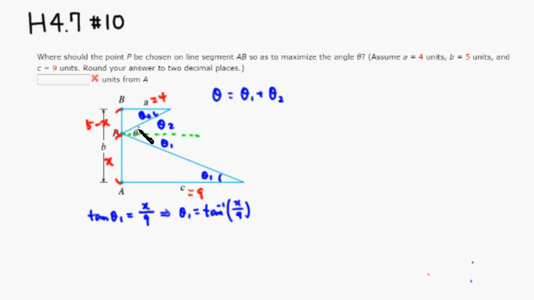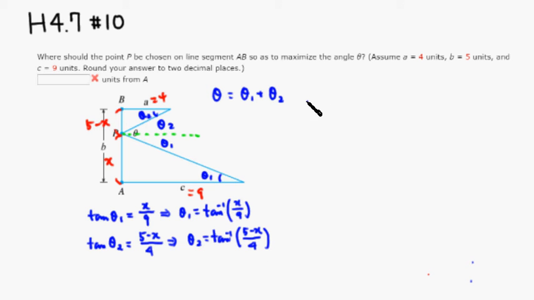In the same way, if you look at this right triangle here, the tangent of theta 2 is going to be opposite, 5 minus x, over adjacent, 4. By taking the arctangent, we find theta 2 to be arctangent of 5 minus x over 4.